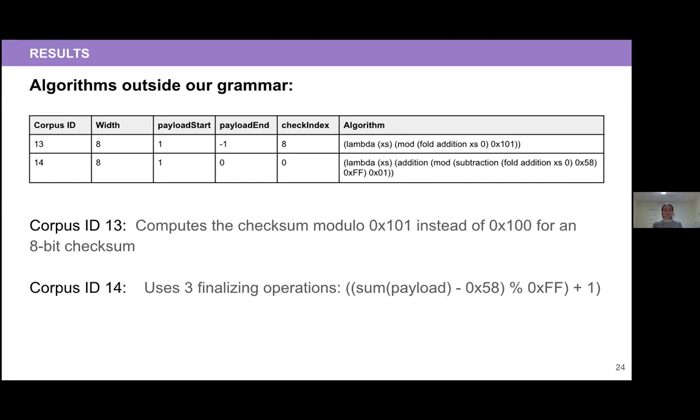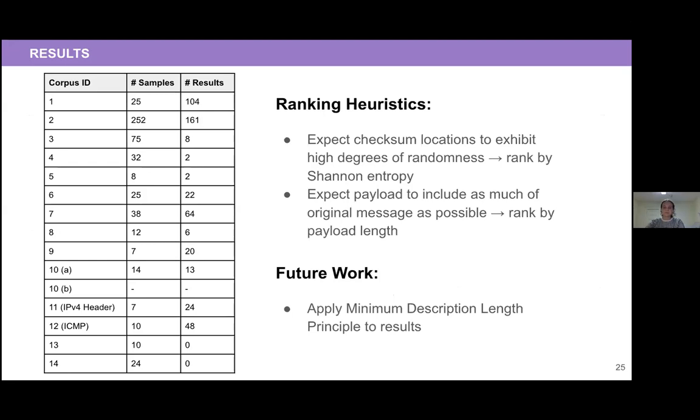And so that's one nice thing about our approach. We can express an entirely new class of checksum algorithms just by making some small changes to the grammar. And so we're really excited to continue collecting more problems for our corpus and continue improving on the grammar.